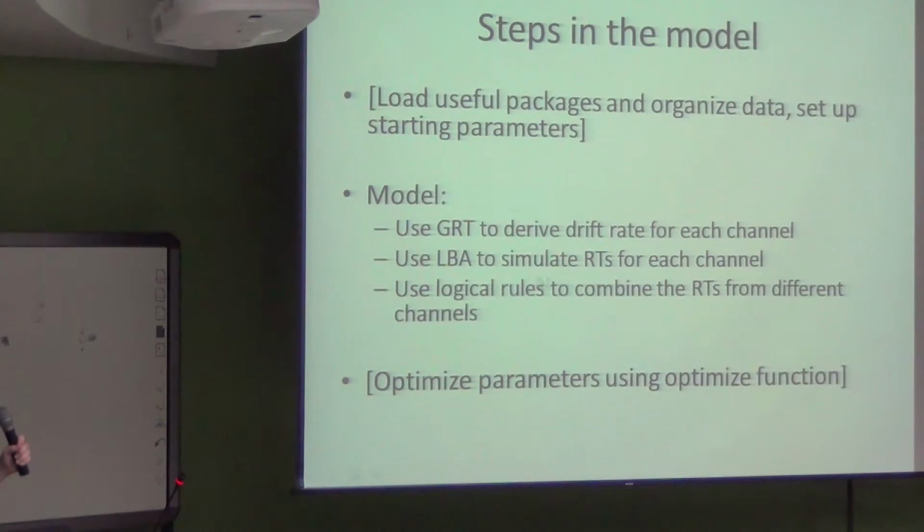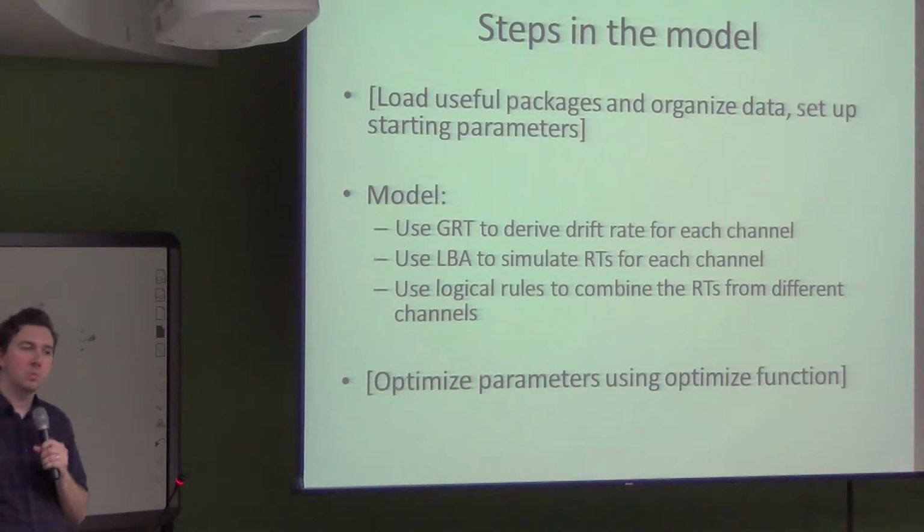Then we're going to simulate response times for each of our channels, and then use the logical rules to combine the response times from different channels. The way in which we combine those response times will depend on the particular type of mental architecture that we're interested in using.